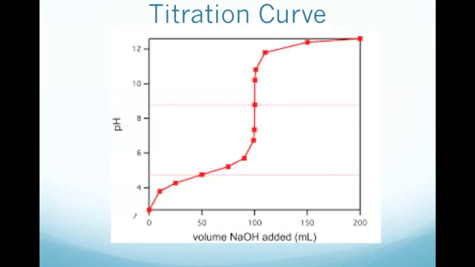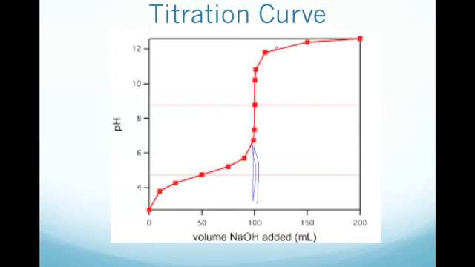So here we've got a titration curve that shows us what we're looking at. If you look on the bottom, we've got our volume added. They use a pH probe and measure the change in pH that occurs as you add base to your acid. It's steadily going, and then all of a sudden, right here at about 100 milliliters, your pH skyrockets.